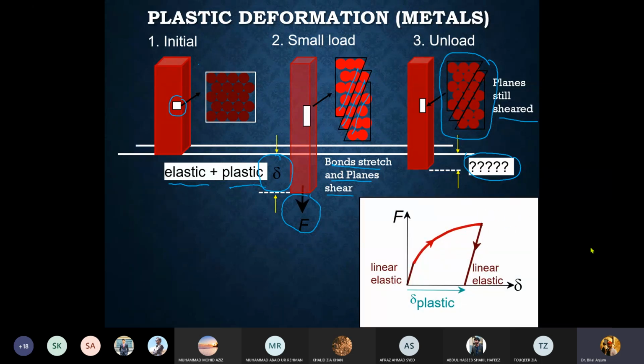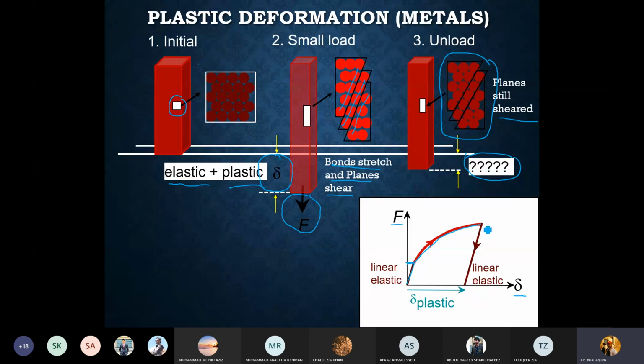In terms of the graph, this is the force versus displacement plot. Up till this point, your behavior was linear elastic. And then when you entered into the plastic region, this is the plastic behavior, which is not a linear behavior.